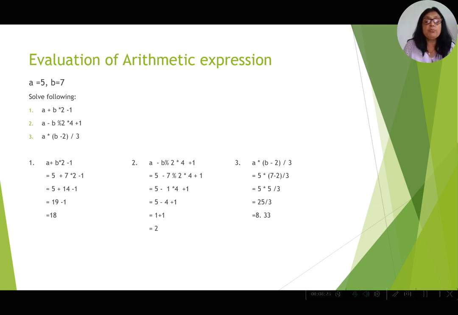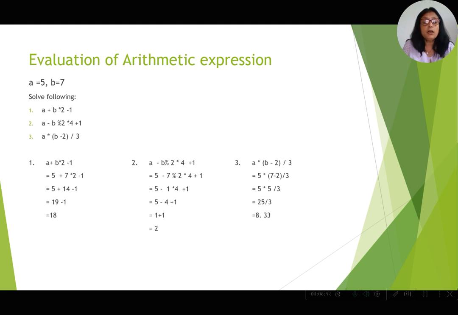a minus b modulus 2 into 4 plus 1. So a is 5, minus b modulus 2 means 7 modulus 2 into 4 plus 1. Just look here, there are two levels of precedence. One is modulus and the multiplication sign, the second is minus and plus. So 5 minus 7 modulus 2 into 4 plus 1.